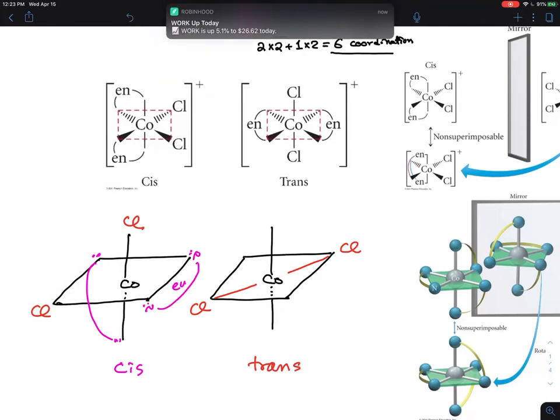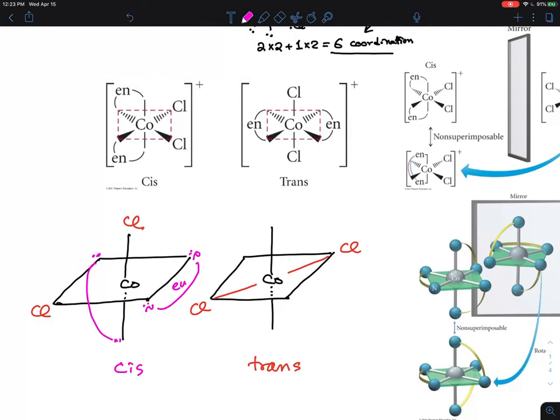This is what is called the quote-unquote en. So nitrogen has these lone pair electrons, forming the complexes, forming the bridges, and they give lone pair electrons to the center metal. So this is how this looks.